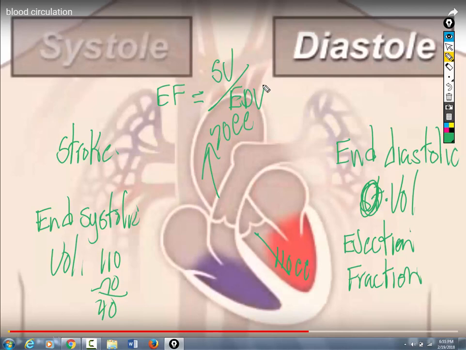So in a normal heart, what's a normal stroke volume? 70 cc's. What's a normal end diastolic volume? 110 cc's. So you're going to get a fraction of about 65%. Anything over 50% is considered a normal functioning left ventricle. Anything under 50% is diagnostic criteria for congestive heart failure. Who's following me? Guys? All right.